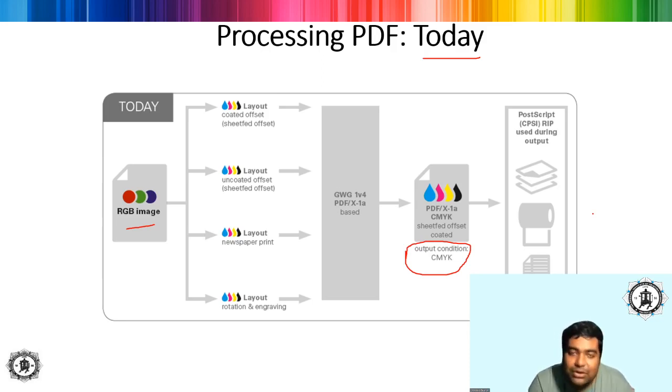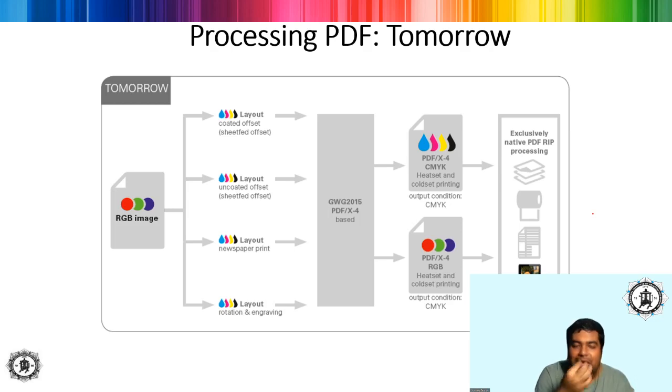But fast forward to today's workflow, we are working with RIP engines which, as I told, many of them are based on Adobe's APPE platform. What is the advantage of working with APPE-based RIP engines in comparison to CPSI-based RIP engines? It is in the nature of APPE-based RIP engines that they are capable of taking PDF as their input.